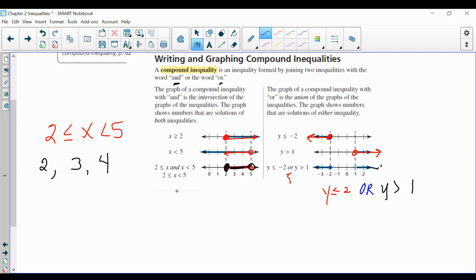And how I write my "and" inequality is I have my x in the middle. So x is greater than or equal to 2, and x is less than 5.